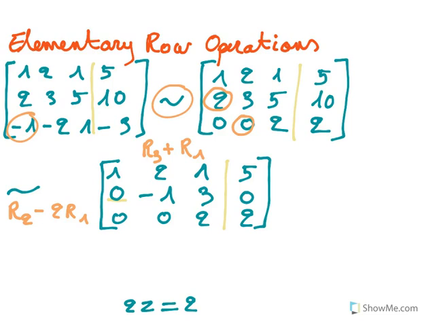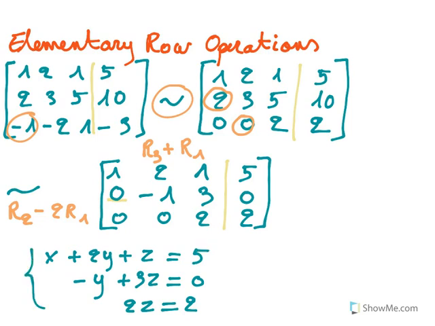On the second row, we have 0, minus 1, 3, 0. So this means 0 times x minus 1 times y plus 3 times z equals 0, or minus y plus 3 times z equals 0. And then finally, the first row is 1, 2, 1, 5. So this means 1 times x plus 2 times y plus z equals 5.